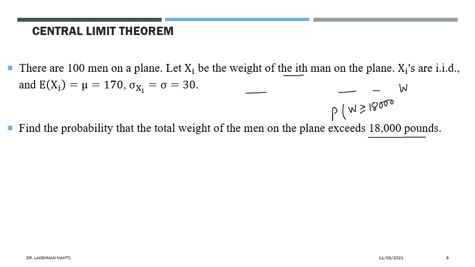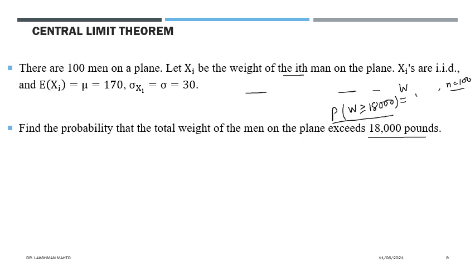We can leave the unit. Remember that we don't have a given distribution, just the mean and standard deviation. Apart from that, we don't have much information. The sample size is 100, that is also given, so n is also given.